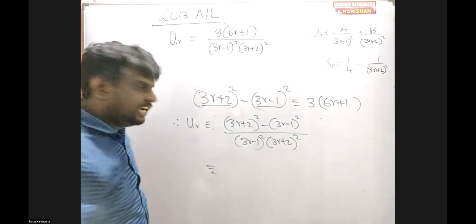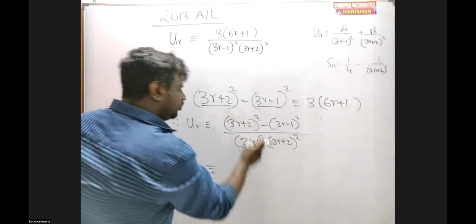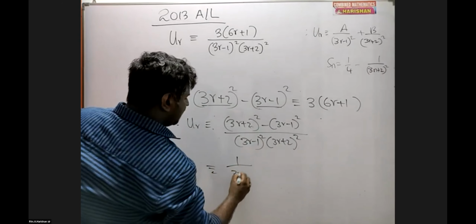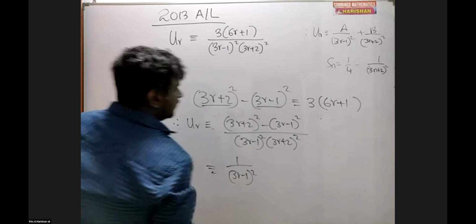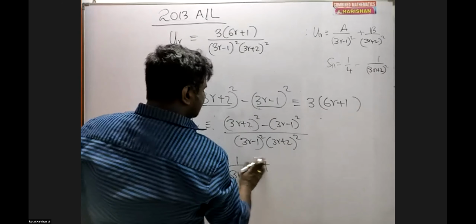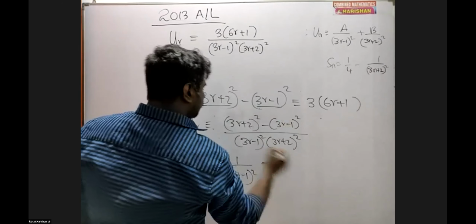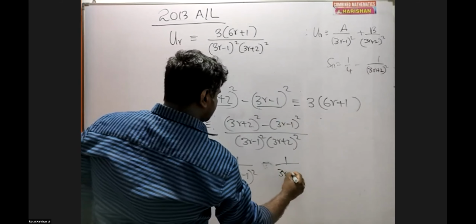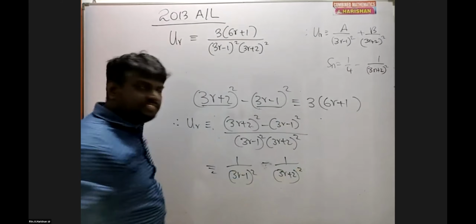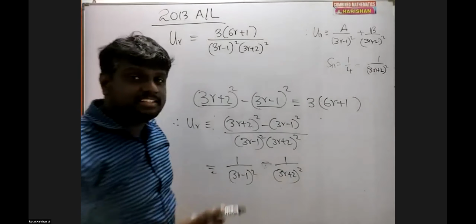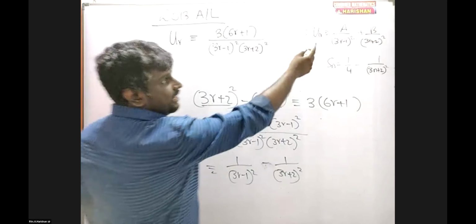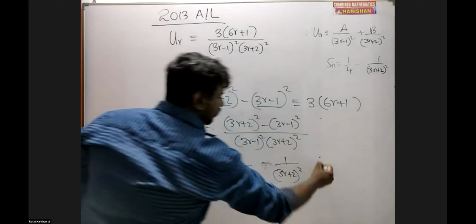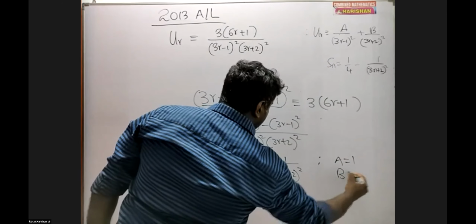It's clear? Now if you divide individually, this over this, 1 over (3r-1) squared, and plus, not plus, minus, this over this, 1 over (3r+2) squared. After that, you can tell, otherwise you won't get marks. Compare with this and tell: A equals 1, B equals minus 1.